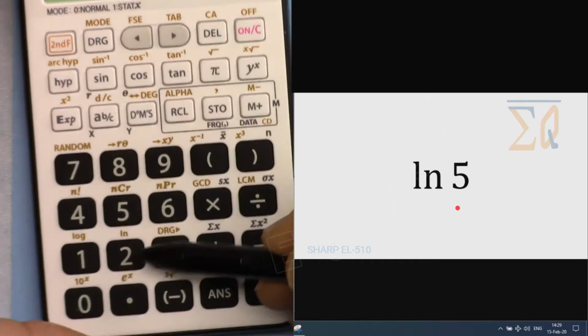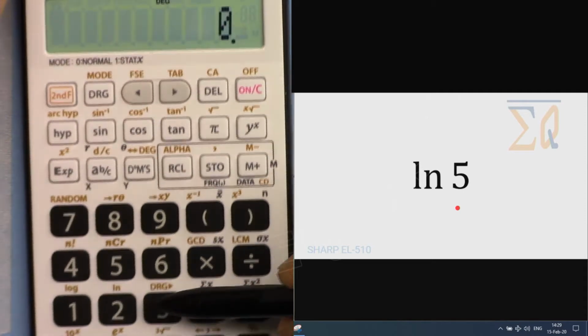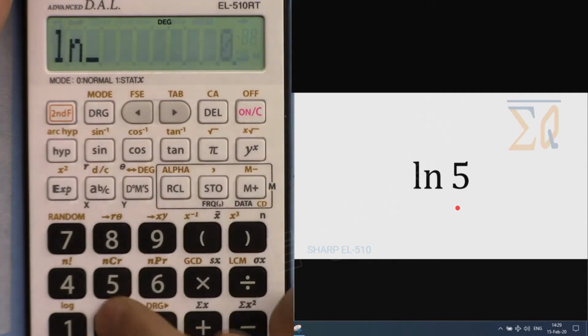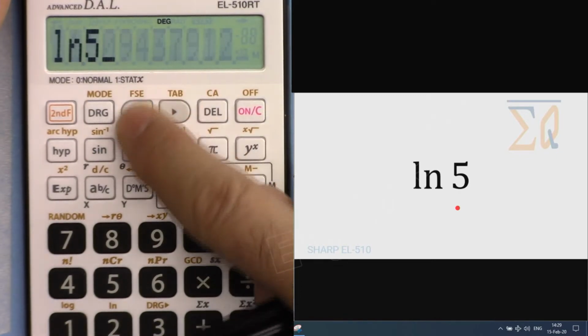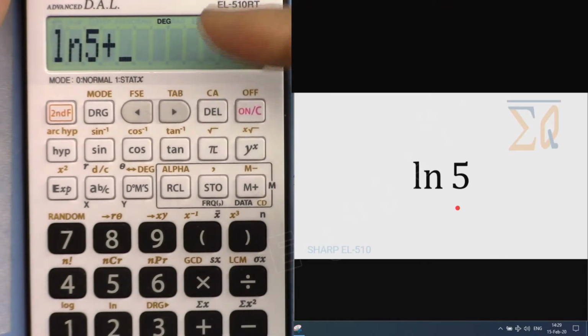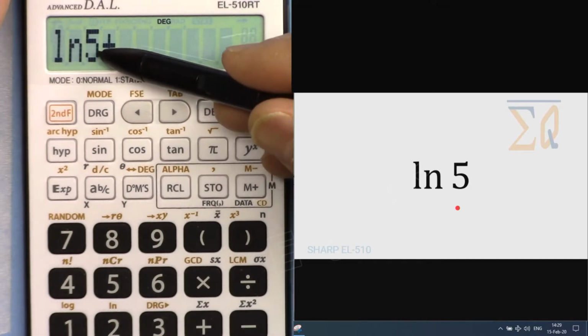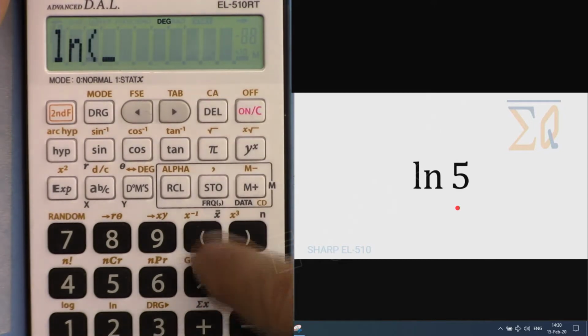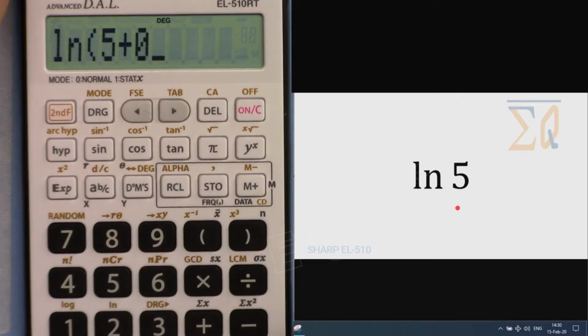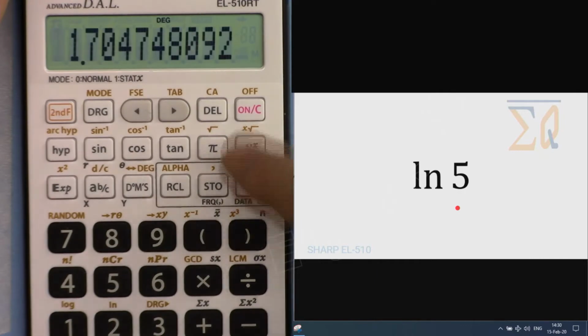If you want to do ln, ln is beside it, that 2 with second function, so ln is displayed, 5, and it will give you the value. If you want to do some other calculation, you can do plus something, continue. But if you want to do ln of 5 plus something, let me press delete, delete, open here, 5 plus 0.5 or something, you can do that as well.